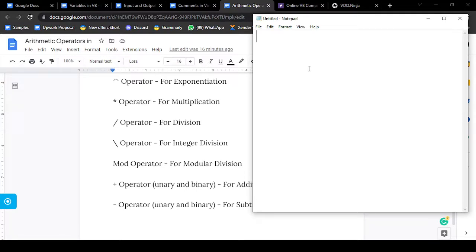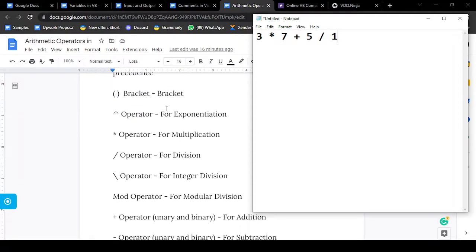If, for example, I'm having something like 3 multiplied by 7 plus 5 divided by 1. So this is fine.